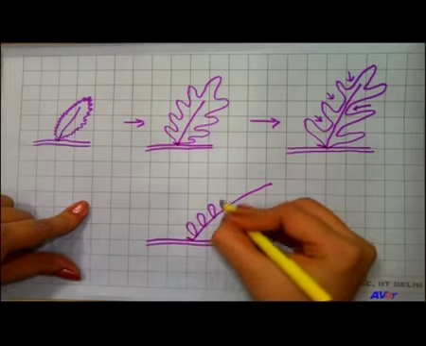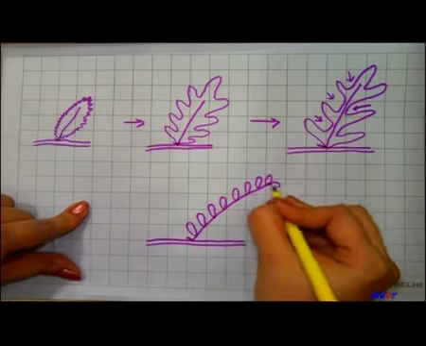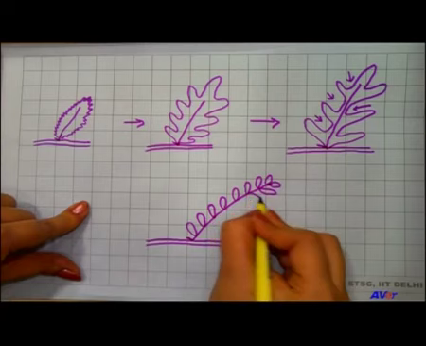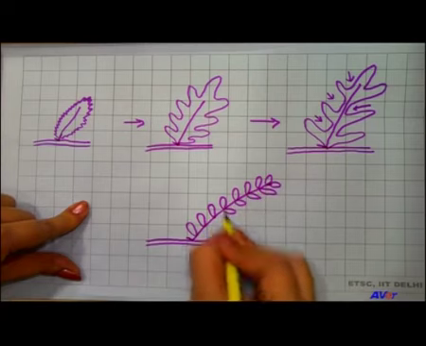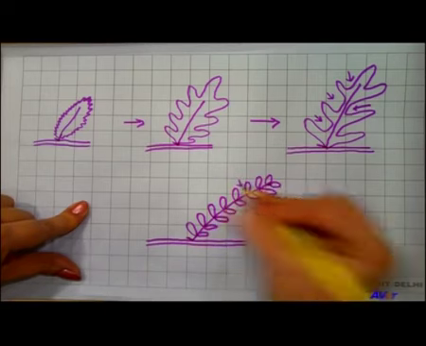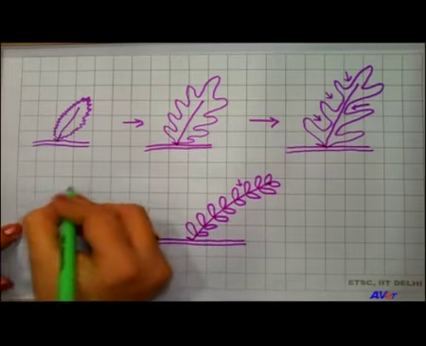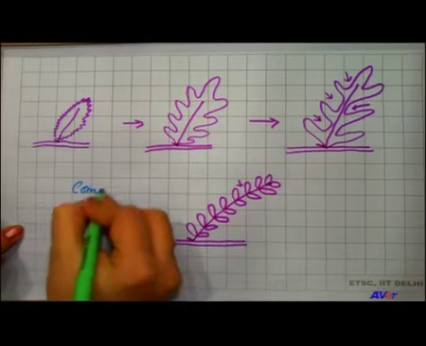We will get structures like this on either side of the midrib, because the incisions have reached the midrib. Here you can see them. So, now this makes it a compound leaf. Such a leaf is known as compound leaf.